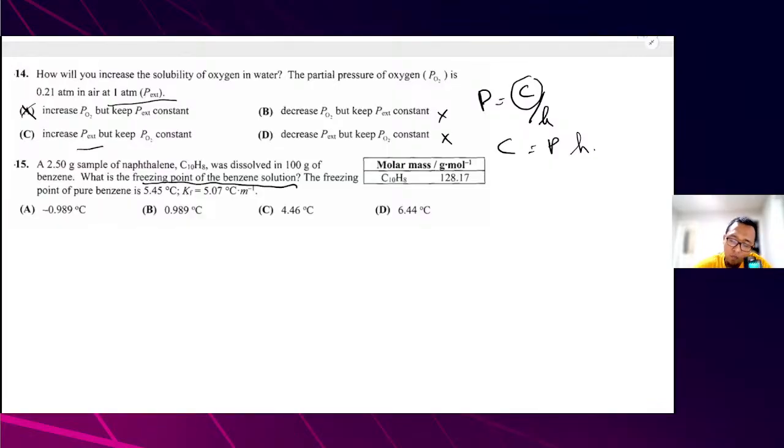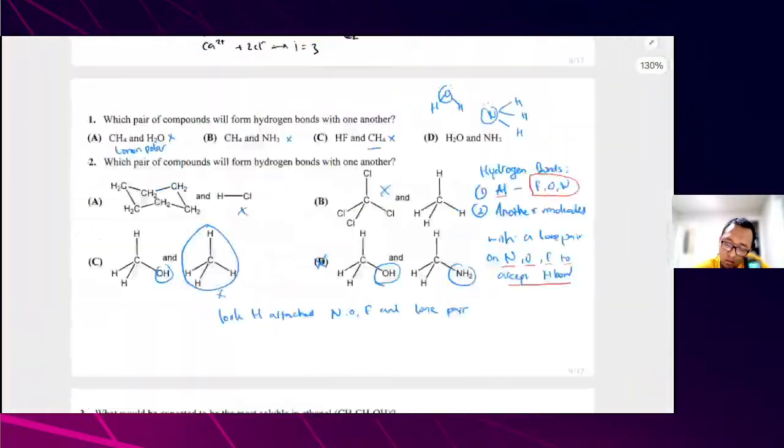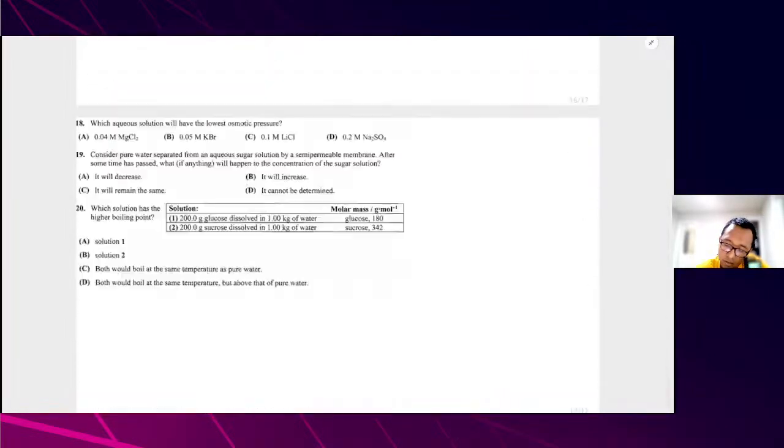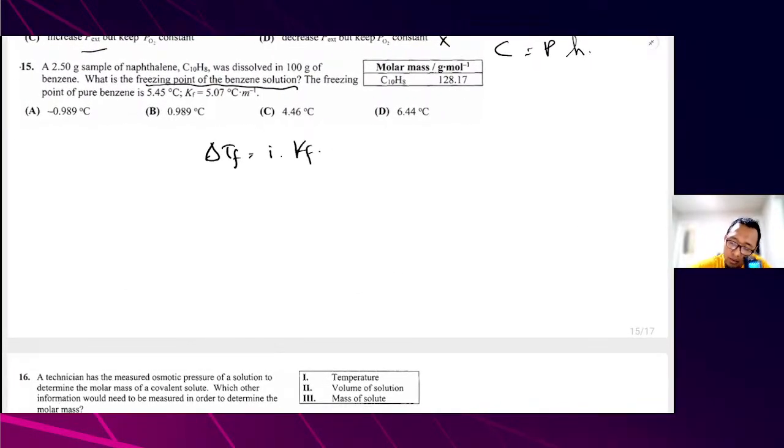Now we need to remember delta Tf equals i, Kf, and then m. That's the concept that I already taught: i, Kf, and m. The question is, what is the freezing point of the benzene solution?